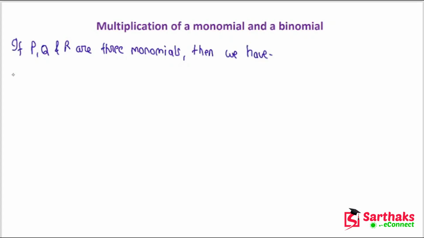If you multiply this monomial P with the sum of Q and R, now obviously if Q and R are unlike terms, their sum will be a binomial, right? So that is what I am talking about. We are multiplying a monomial to a binomial, and using the distributivity of multiplication over addition, we will write P into Q plus P into R, and that is what we are going to do in the actual questions also.